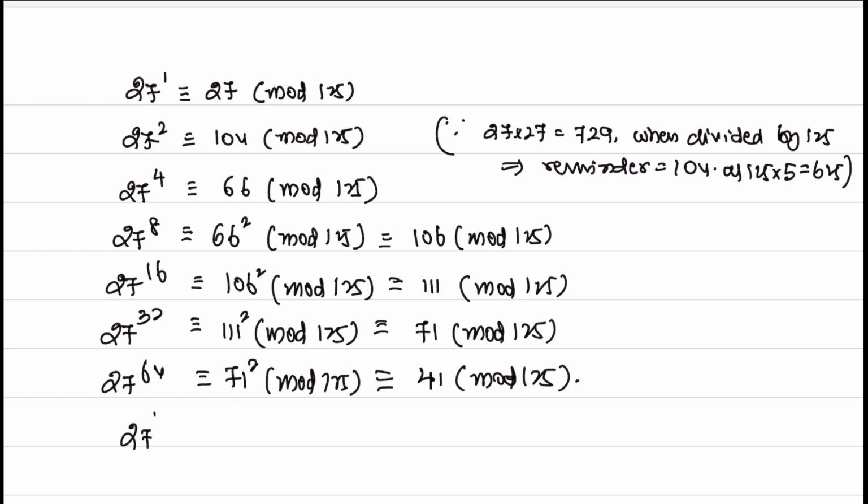Now 27 to the power of 77 we have to find out. That is 27 to the power of 64 into 27 to the power of 8 into 27 to the power of 4 into 27 mod 125.